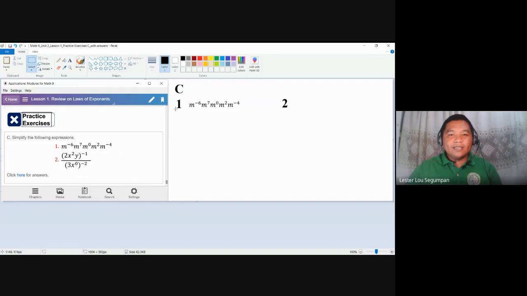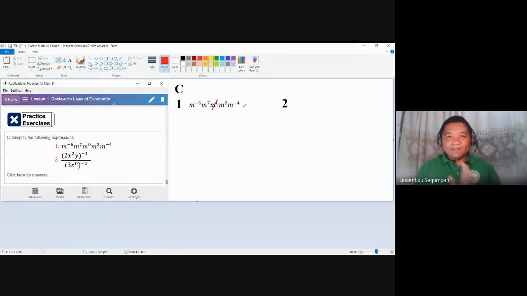To answer this, I could give you two different methods, and it's up to you which you are more comfortable with. I'm going to tell you the first process. M to the power of zero here can be already simplified to 1 because any number with exponent 0 is always equal to 1.